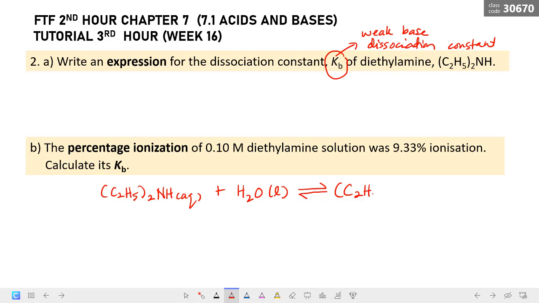Conjugate acid lah, (C2H5)2NH2 plus aqueous, OH minus aqueous.